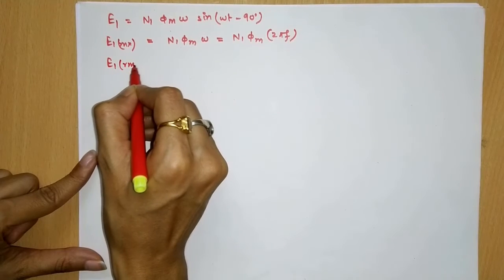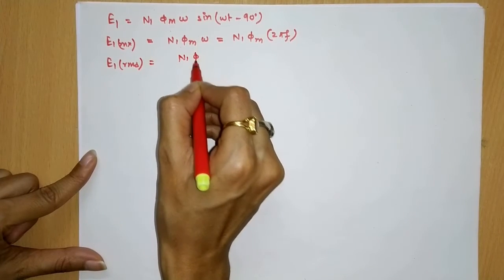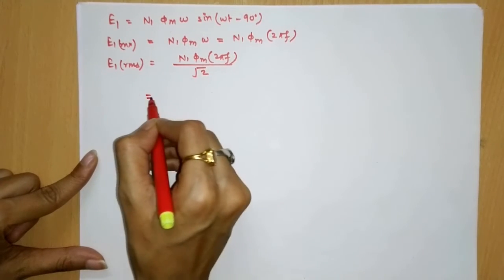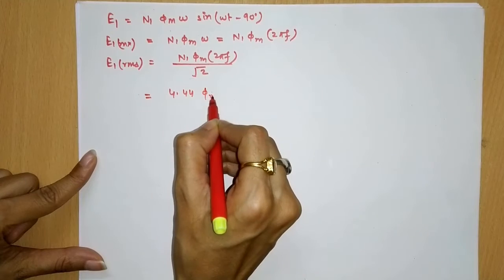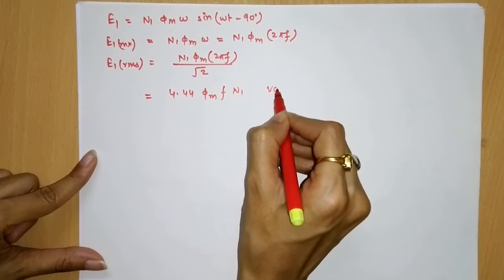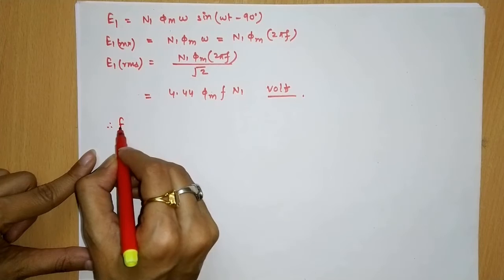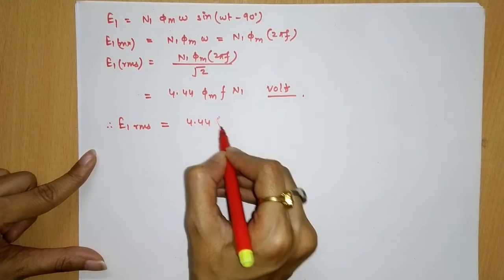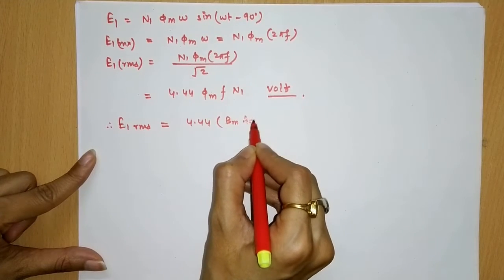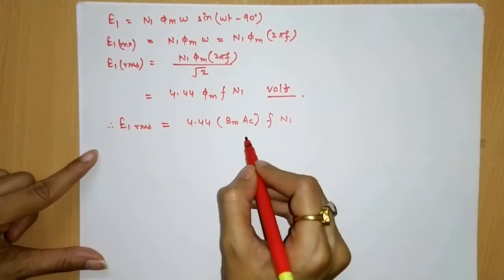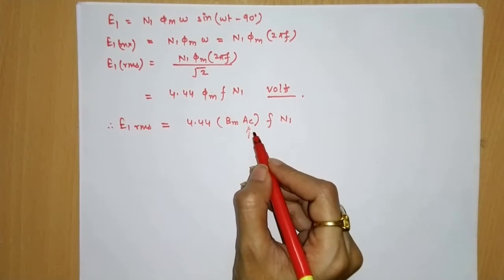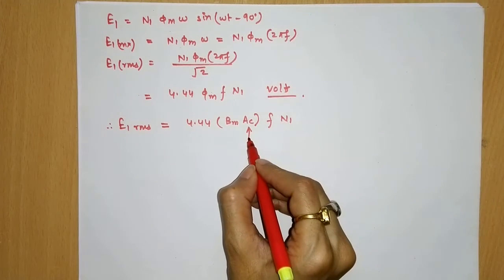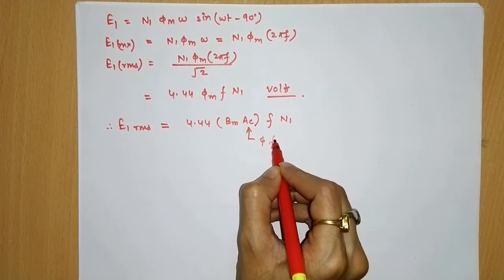Therefore, E1 RMS is equal to N1 phi m 2 pi f upon root 2, which is written as 4.44 phi m f N1 volts. Therefore, we can also write induced EMF RMS is equal to 4.44 Bm Ac f N1. This is the net cross-sectional area, not the gross cross-sectional area. This is the area of the core from where the flux passes.